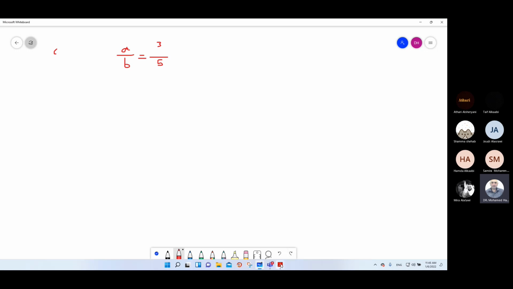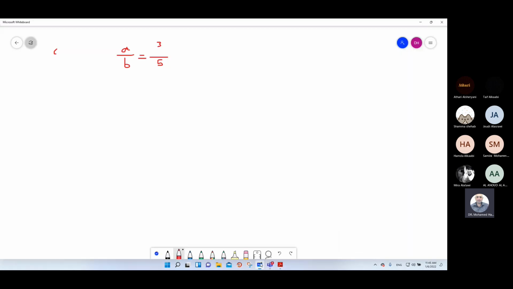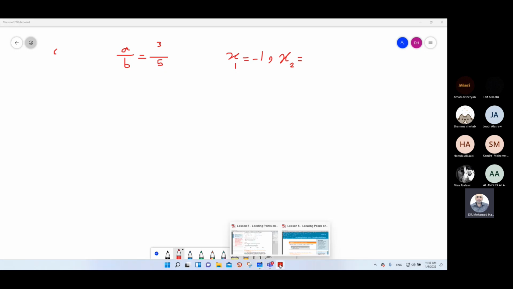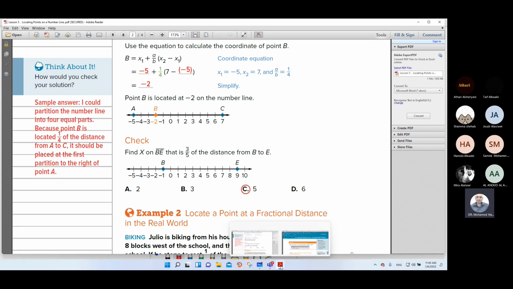And we want to know what is the value of x1. x1 equals negative 1. And what is the value of x2? The value of x2 equals 9.